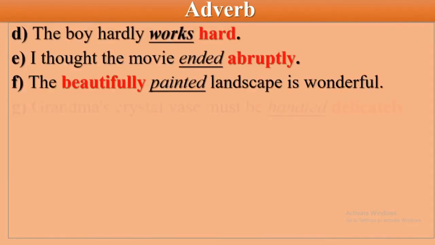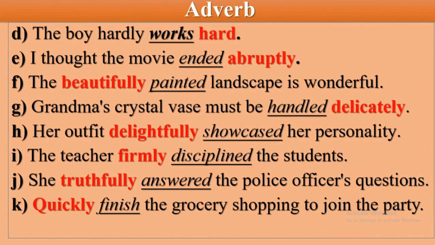Here are some more examples. I am not going to read out the examples. Notice that all the words in red are adverbs and all the words beside them which are underlined and italicized are either verbs or adjectives or adverbs.